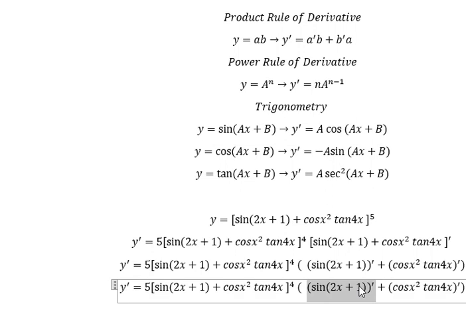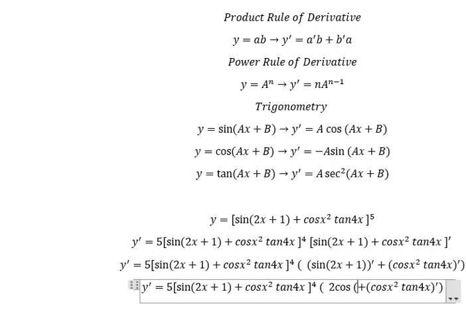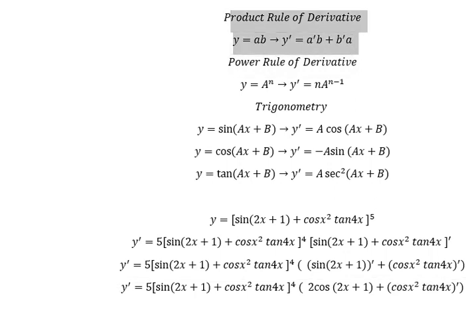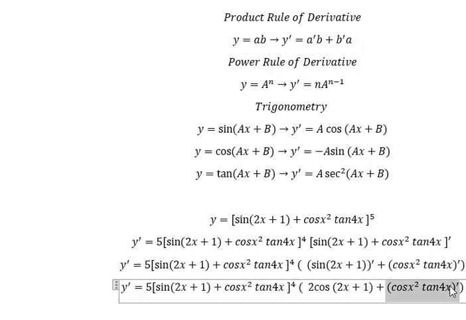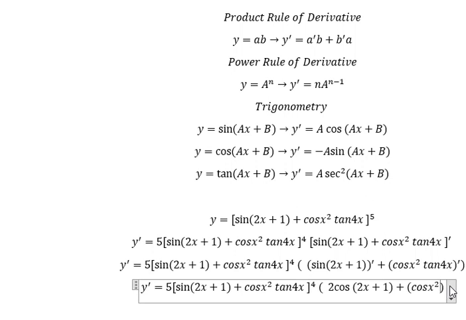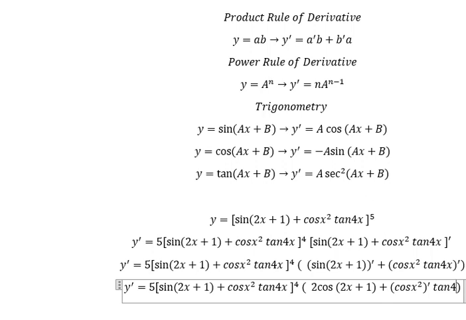So we have 2 cosine of 2x plus 1. This one, we applied the product rule. So we need to do first derivative of cosine x squared multiplied by tan 4x.